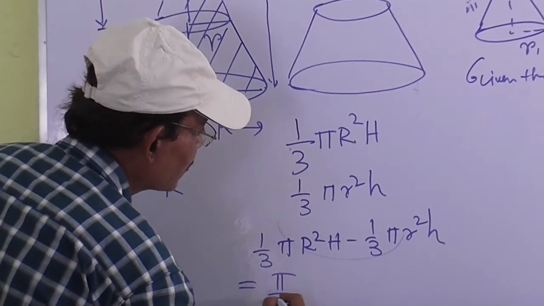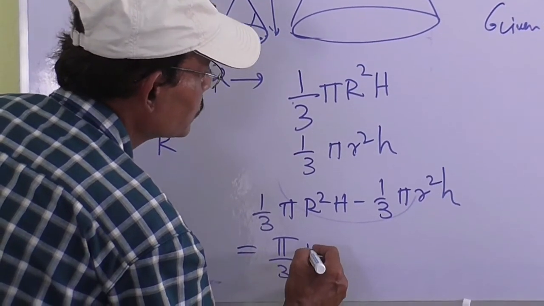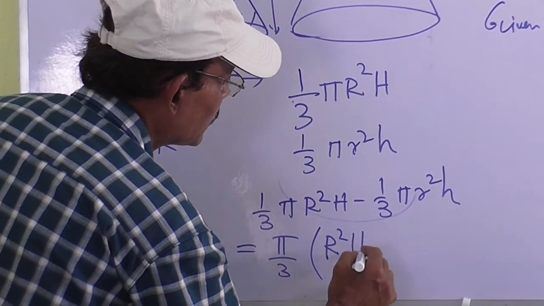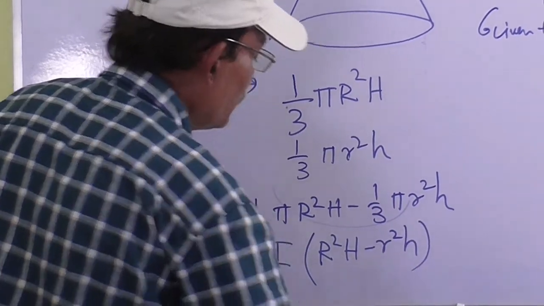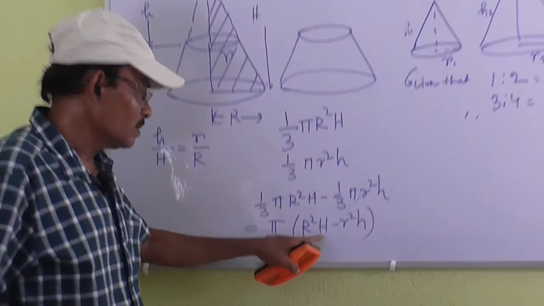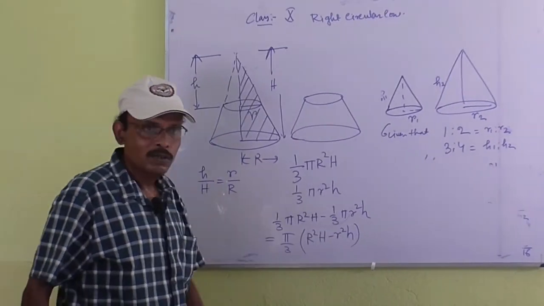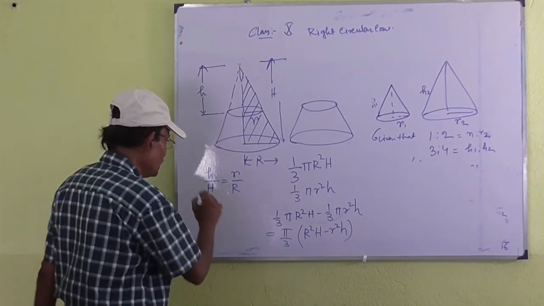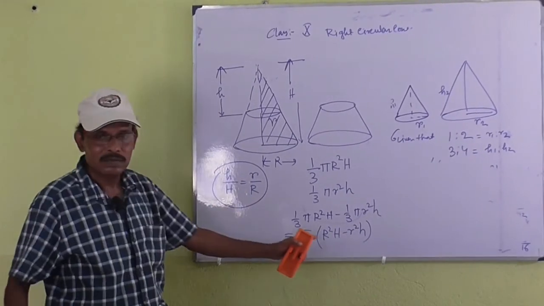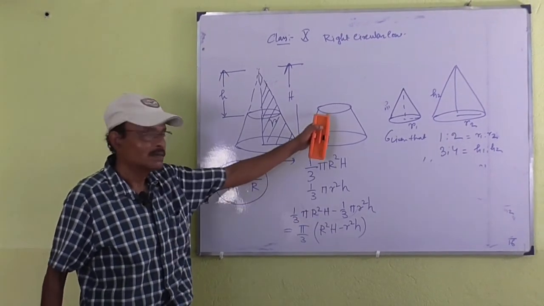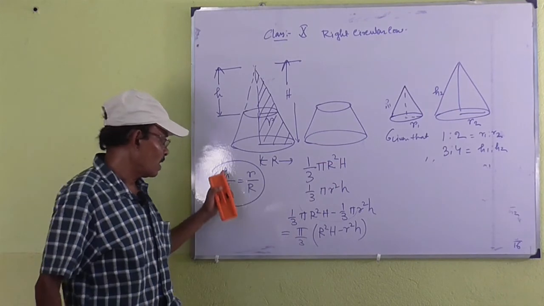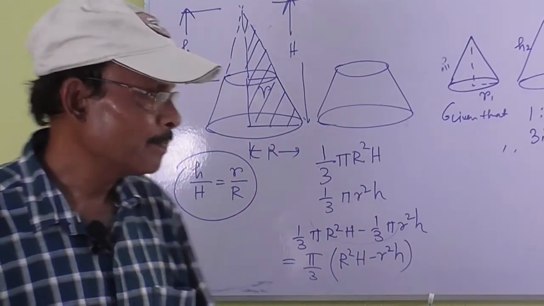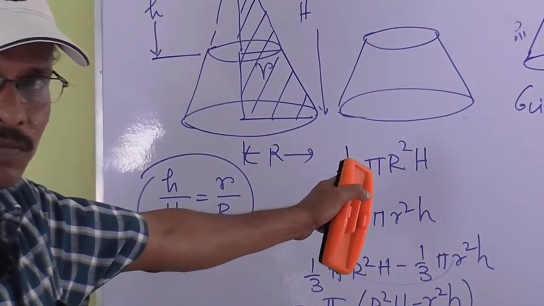So, we reach the final stage, but here capital R, capital H, small r and small h are the 4 unknowns. With the help of this relation h by H equal to r by R, we have to find out the values. So, this is the simplest way to find out the volume of the frustum. Clear?